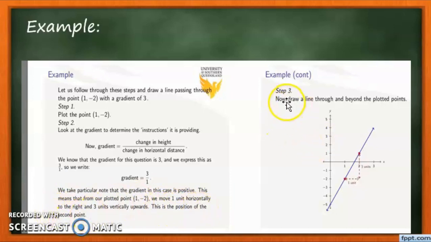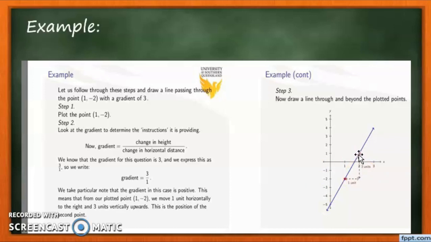So you draw your point, which is (1, -2). We have 1 on the x-axis, positive, -2 on the y-axis, they meet here. This is your first point. After you get your gradient, which is 3 over 1, you move 1 unit horizontally and 3 units upwards, which leads you to your second point.